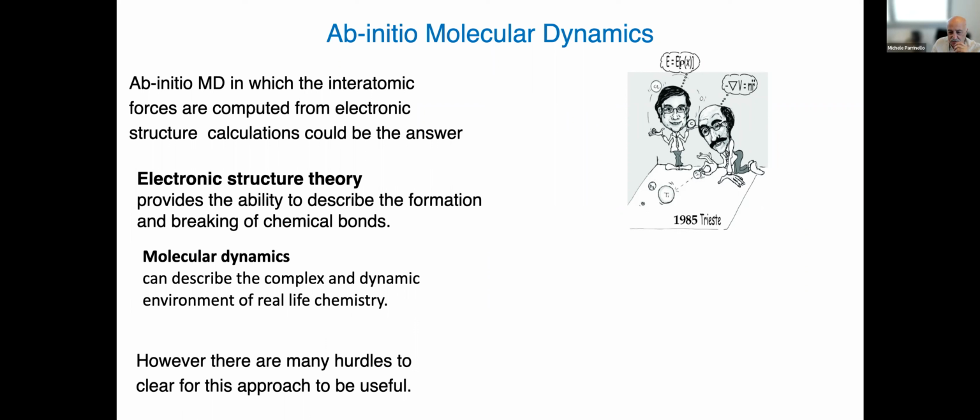And we were able to address lots of problems, but not as many as we were hoping at the time, because there were many hurdles to transform this method into a generic tool to describe complex chemical processes.